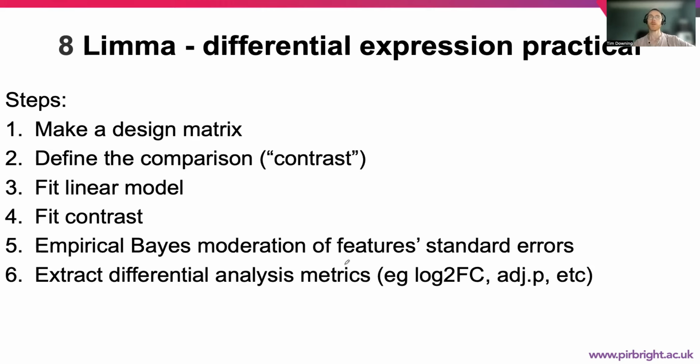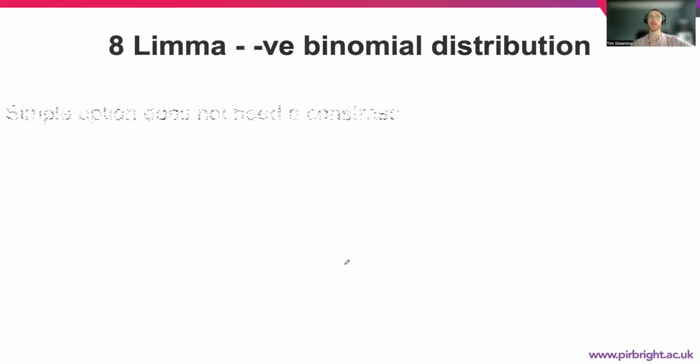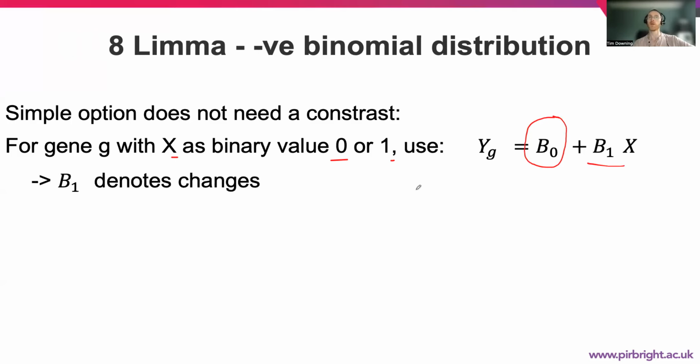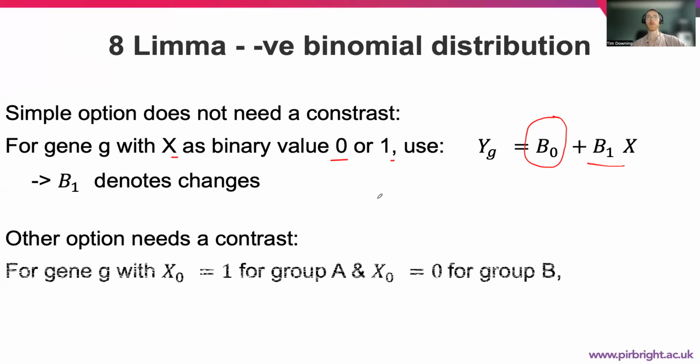In limma, the simplest option for the design matrix does not need a formal contrast. Here we might have some X value encoded as either 0 or 1, depending on two groups, where YG is equal to beta 0, which is kind of an error, plus beta 1 by X. So as X is 0 or 1, we get two different groups, and therefore beta 1 denotes the magnitude of change that we observe. The other option is a contrast, where you have a more complex design with multiple factors.